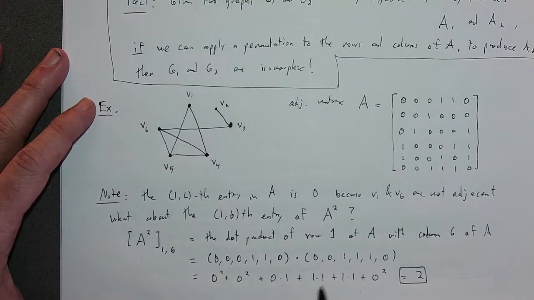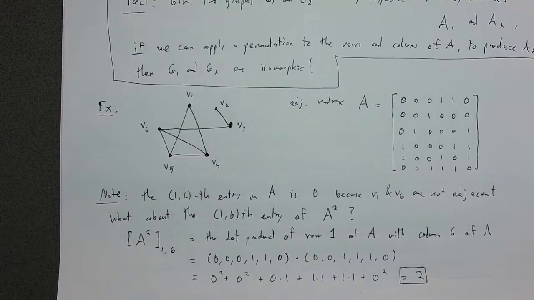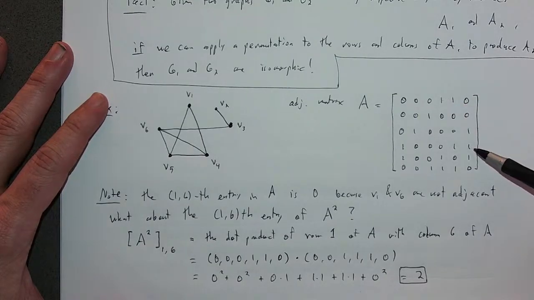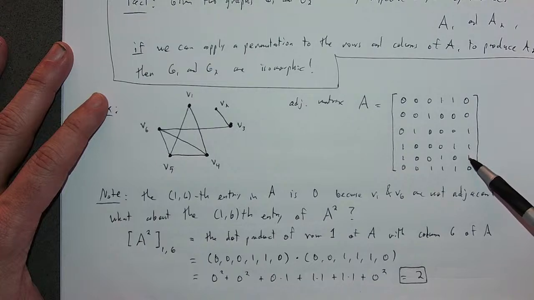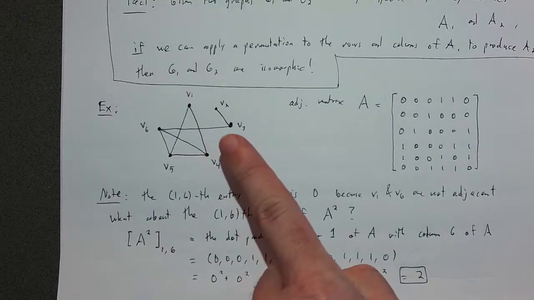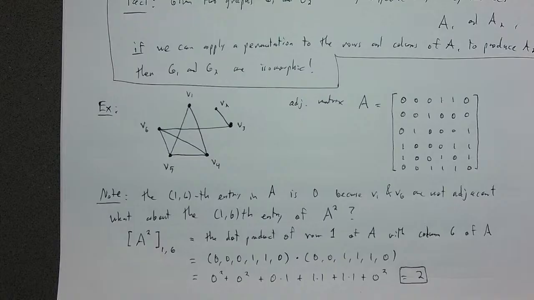Okay, clearly that's what's going on, but let's think a little bit more deeply about what that actually means. So there's a 1 in the first row corresponding to a 1 in the sixth column in the right place. Similarly, there was a 1 here in the first row corresponding to this 1 in the last column that, again, is in the right place. What does that correspond to? So the 1 in the fourth position of row 1 matched up with the 1 in the fourth position of column 6.